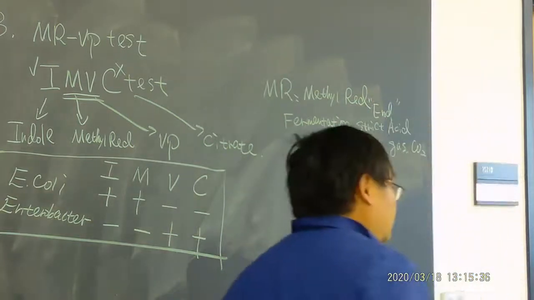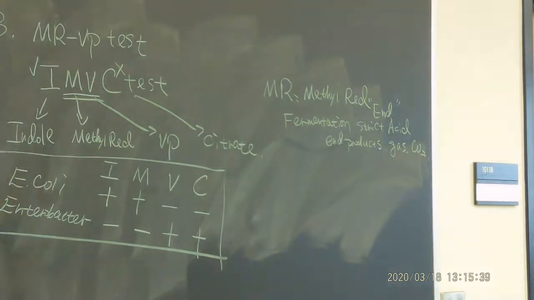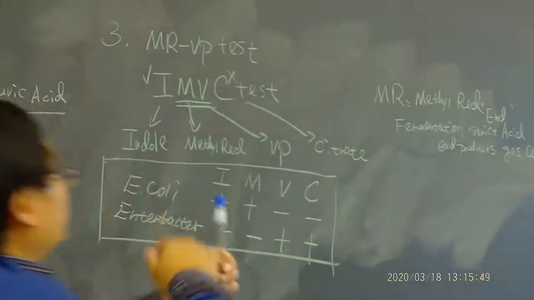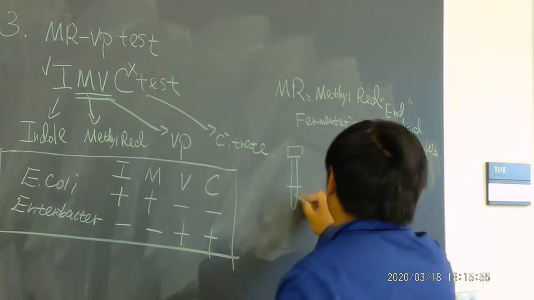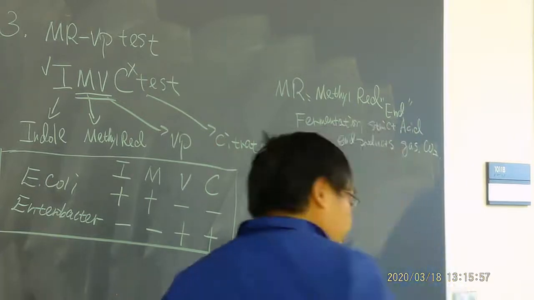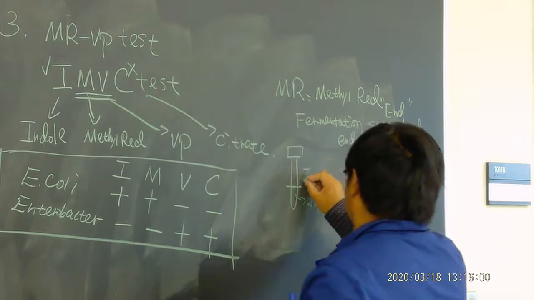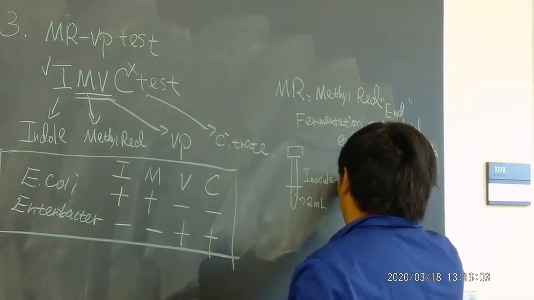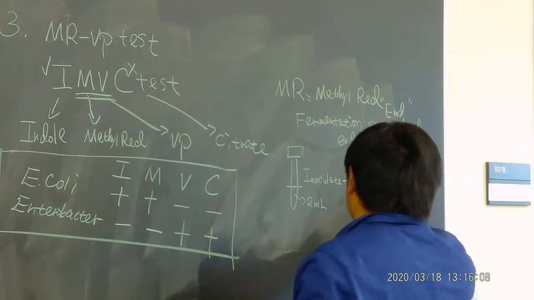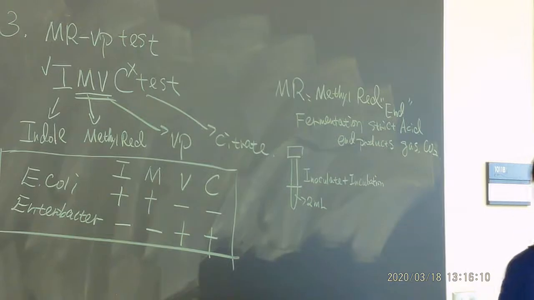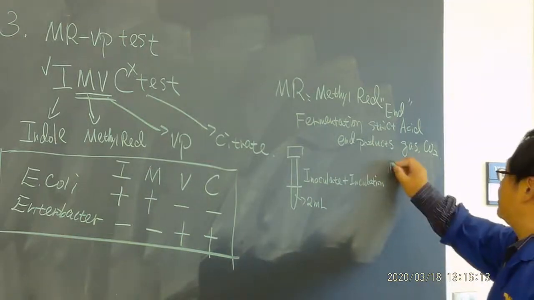Okay, so how do we do it? The testing is very simple. We will have this medium in the tube. You shake it, you add the bacteria there, you inoculate the bacteria. This is about 2 ml. Then incubation. Next, two weeks from today, you have a new tube.